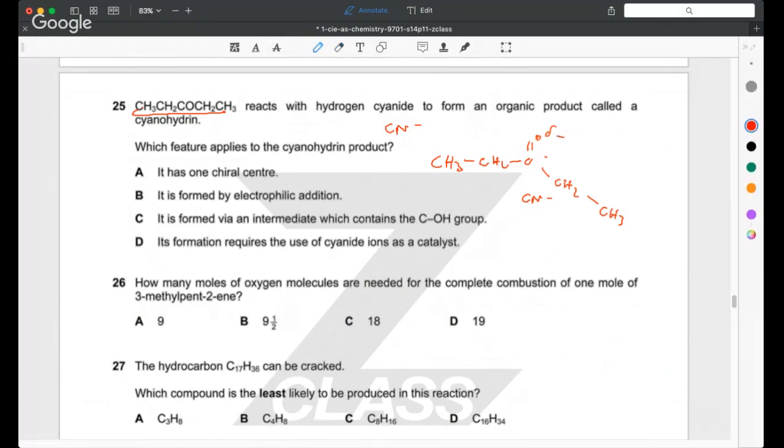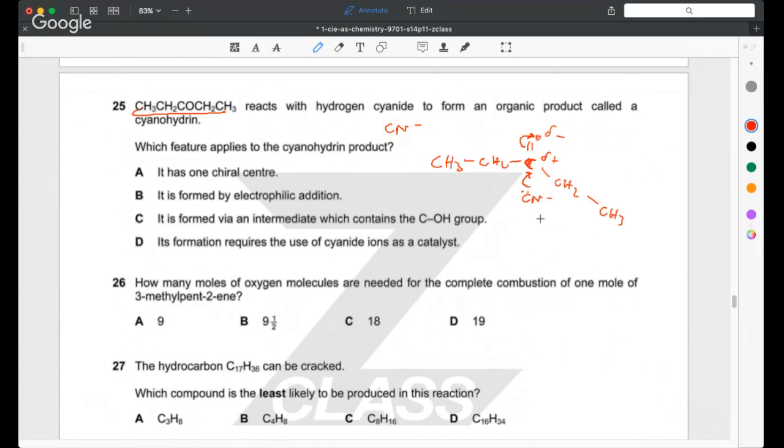And that's slightly positive there. The carbon is slightly positive. That's a carbon atom there. And so you've got an electrostatic force of attraction between this cyanide ion and the slightly positively charged carbon centre there, and so you get that mechanism, and those arrows represent the movement of a pair of electrons.